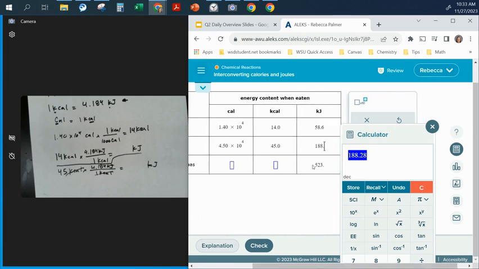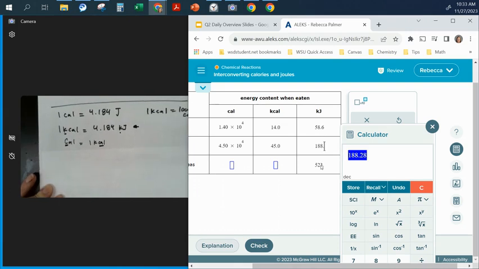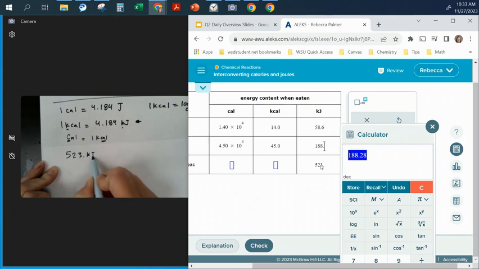Okay, and then the last one, I think it's easier to go from kilojoules to kilocalories and then kilocalories to calories. So that's what I'm going to do. So just another unit conversion. So we are starting with 523 kilojoules.